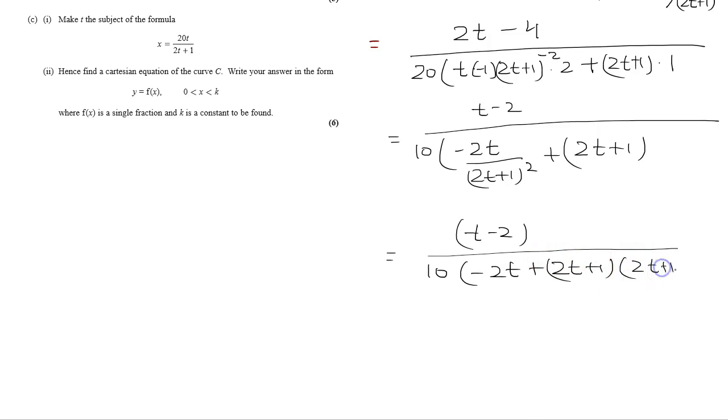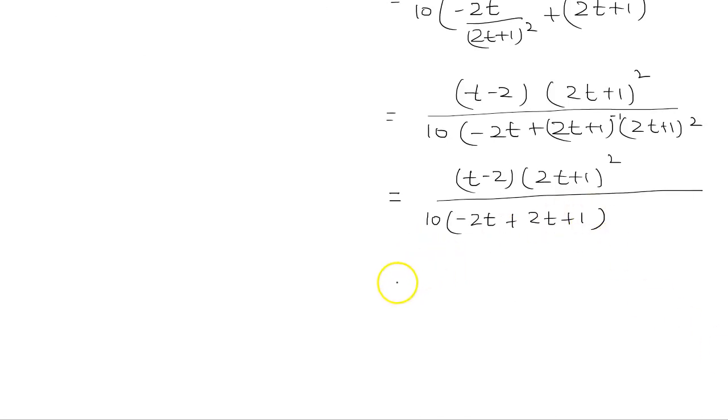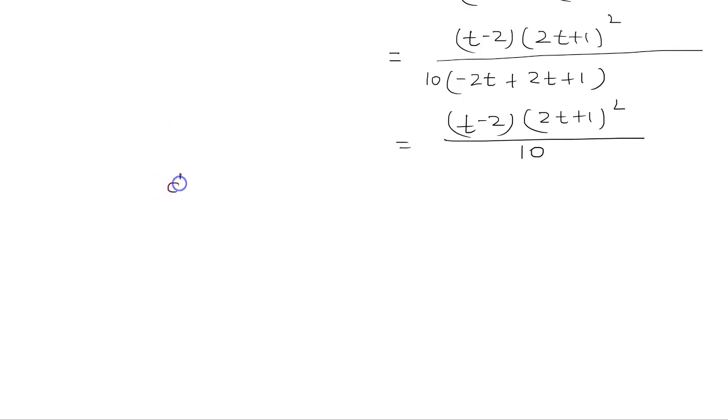So dy over dx is 2t plus 1 square over 10.